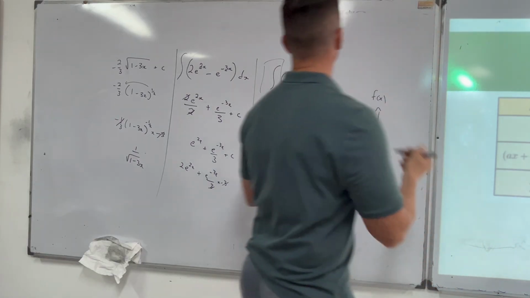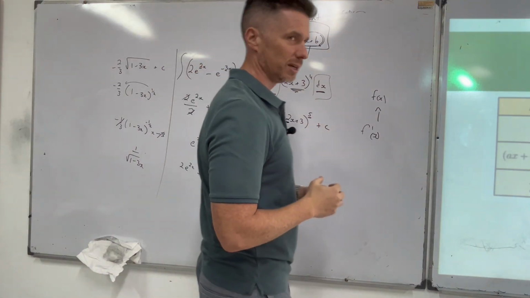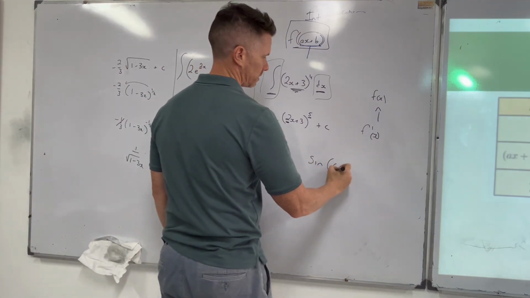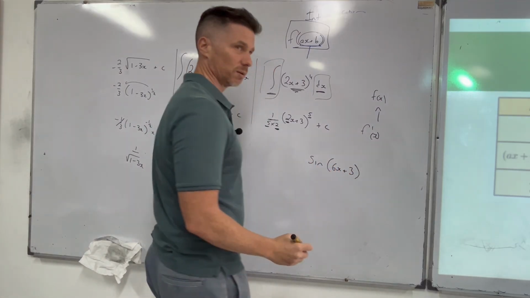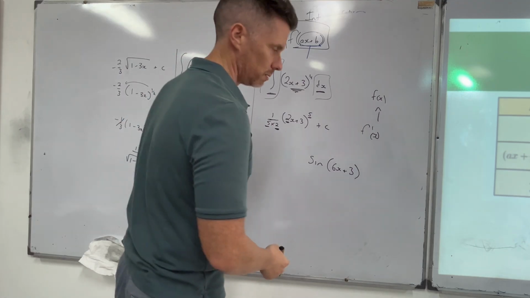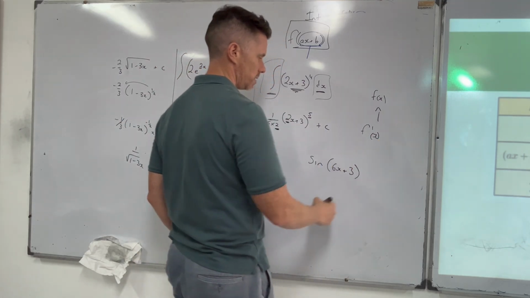So you're looking for this form. Notice it's a linear subbed in. So if you see something like sine 6x plus 3, you undo that: it'd be 1/6 negative cosine 6x plus 3 plus c.